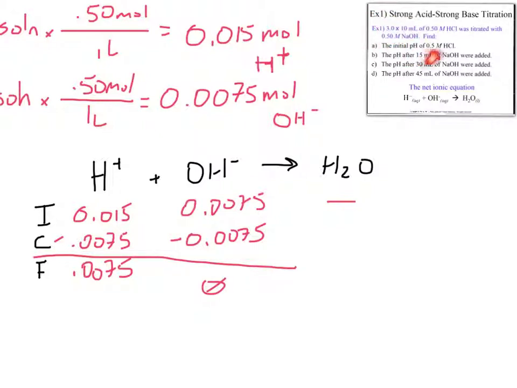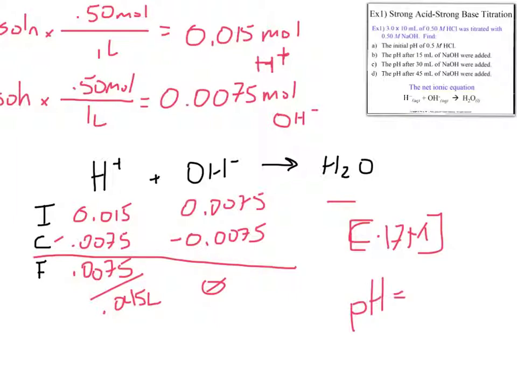Now that we've added 15 milliliters of sodium hydroxide, the new volume would be 45 milliliters, which means we're going to take that 0.0075 and divide it by 0.045, or 45 milliliters. And that will give us a concentration of 0.17 molar. And so the negative log of 0.17 molar means that the final pH is going to be 0.77.